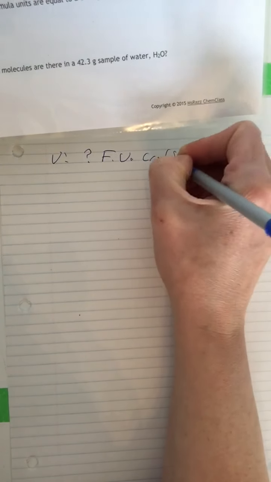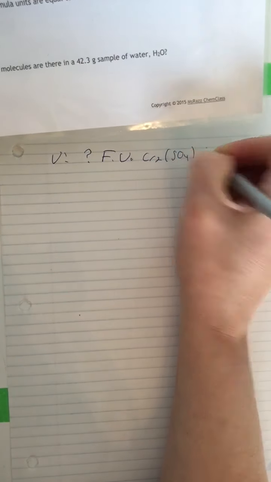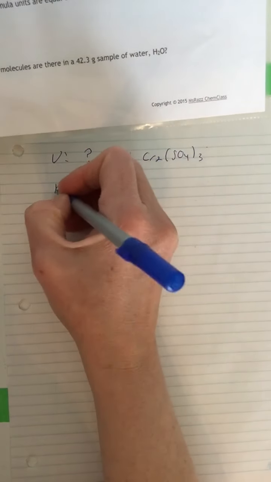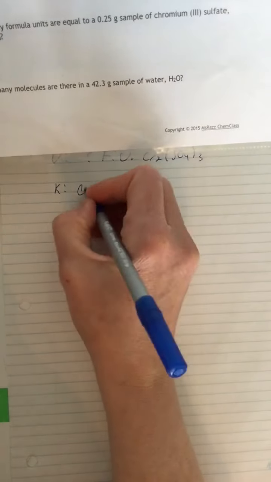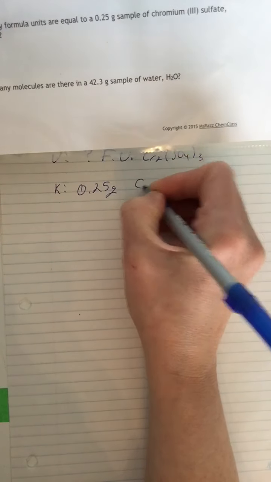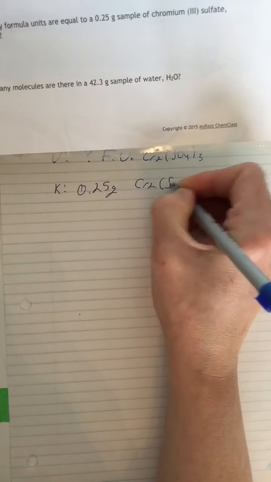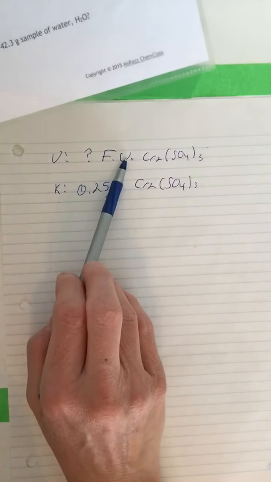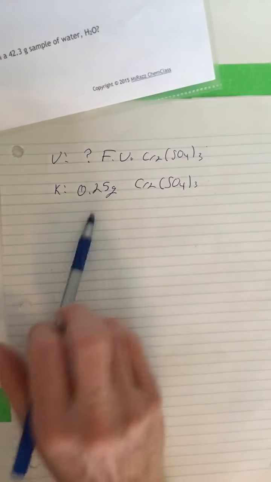Cr2, open the bracket, SO4 bracket 3. How many formula units are equal to, what is our known? What did they give us? 0.25 grams of Cr2(SO4)3. So that's what our question was. How many formula units are in this many grams?